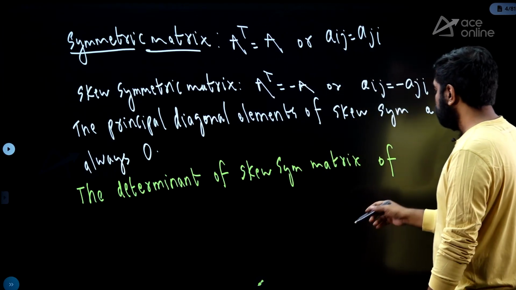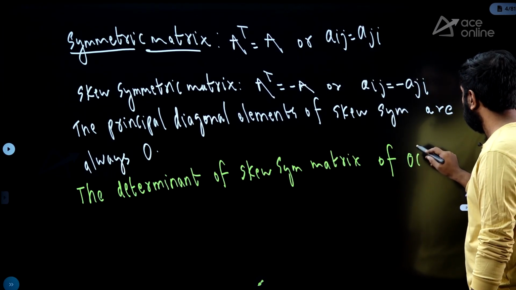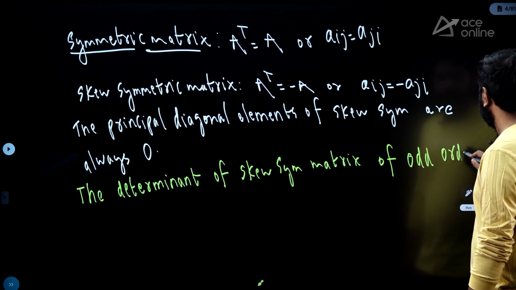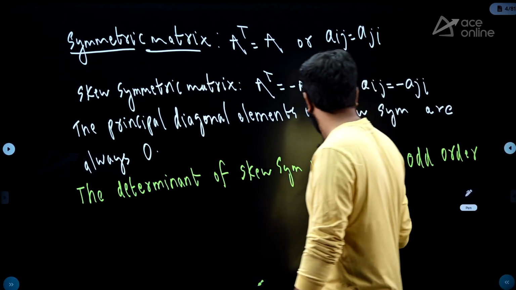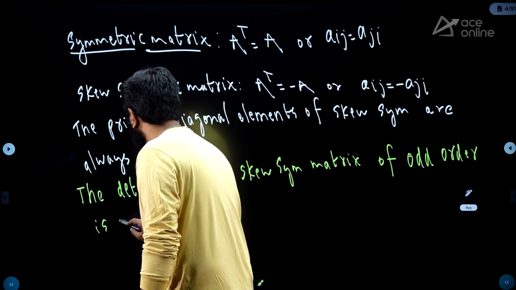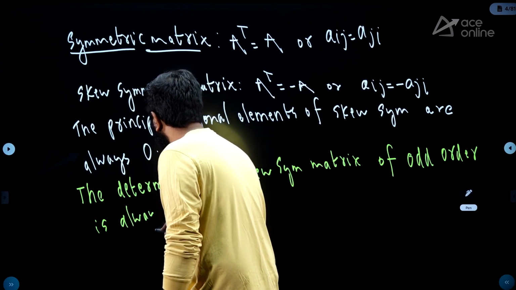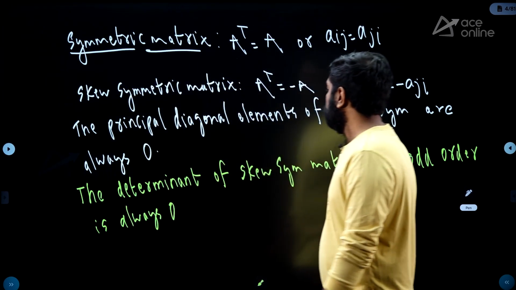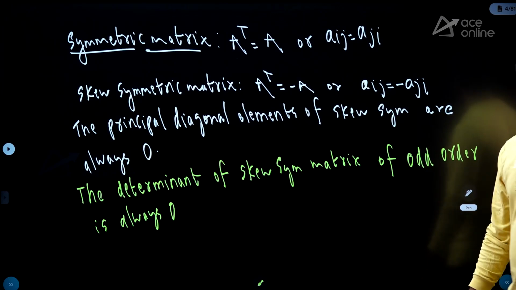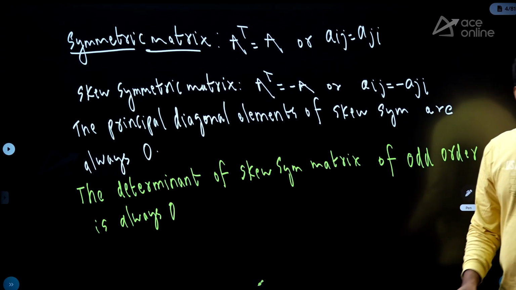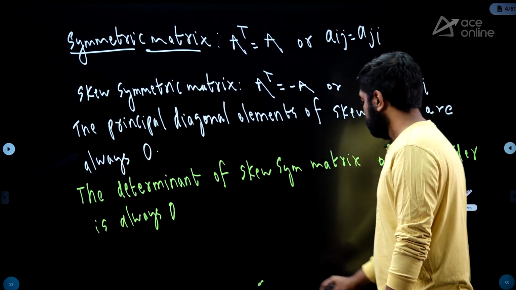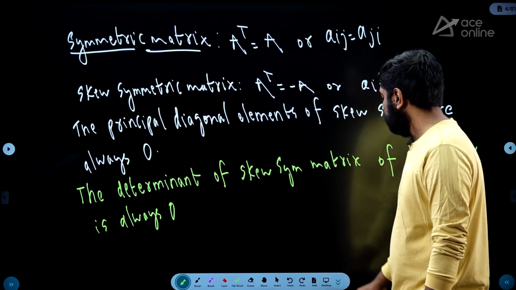The determinant of a skew-symmetric matrix of odd order is always 0. So this can be asked. Let's proceed and learn a few more things.